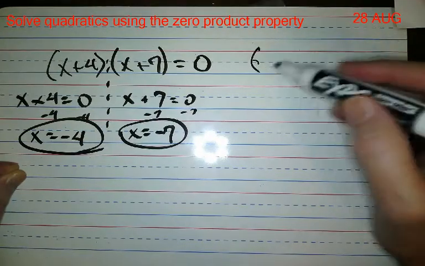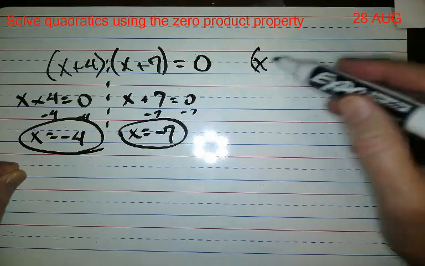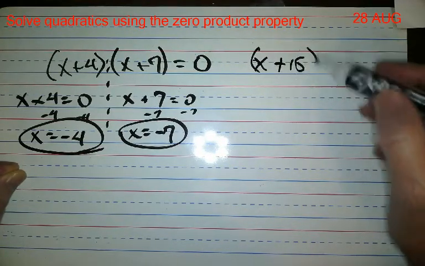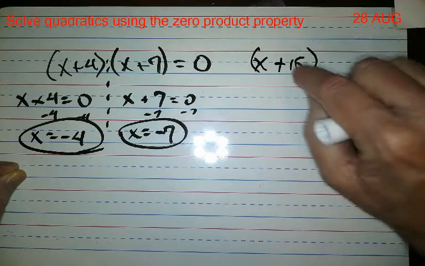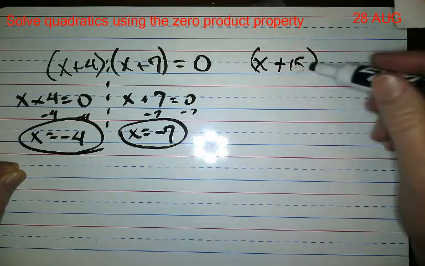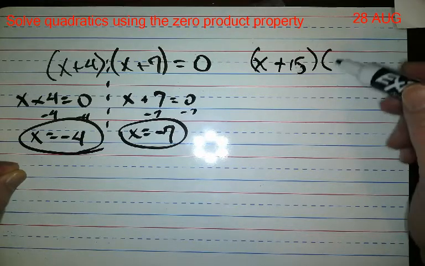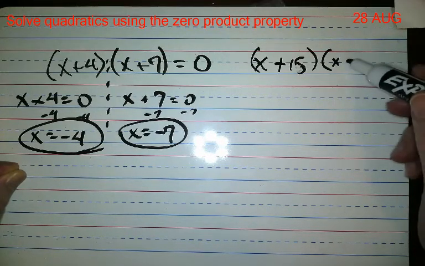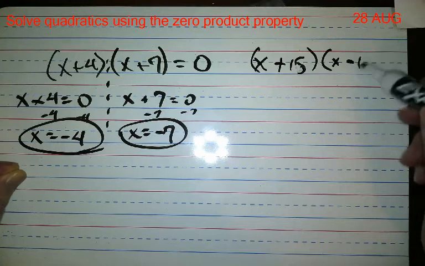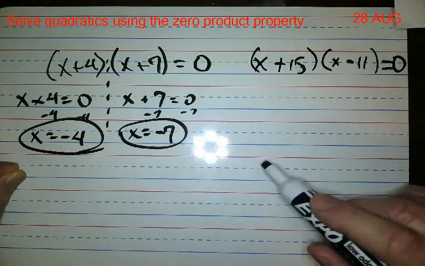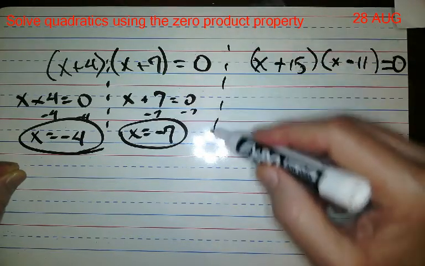Let's try again. So what if I had x plus 15, and then x minus 11 equals 0. So what does that mean?